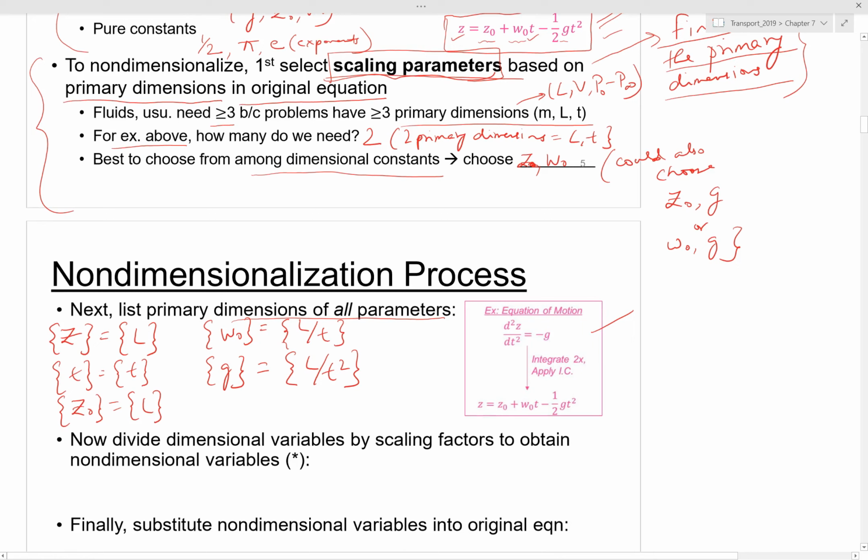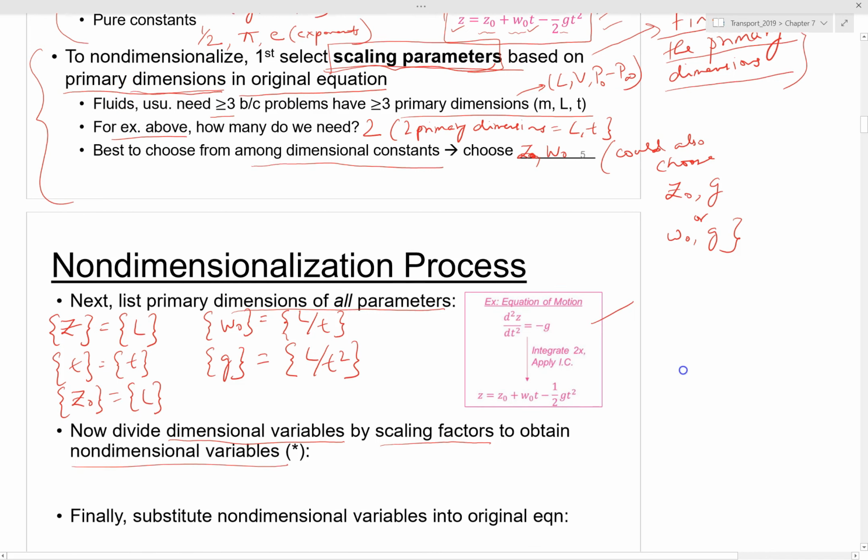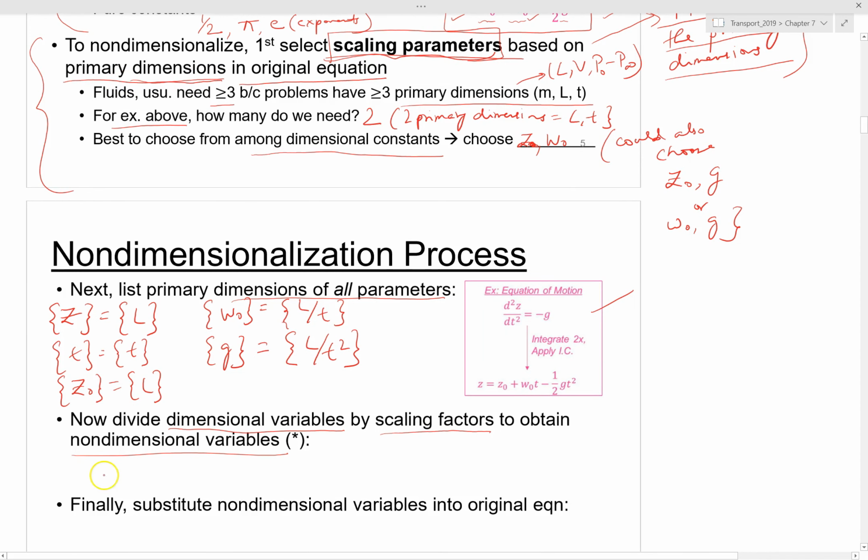Now we divide the dimensional variables by the scaling factors to obtain the non-dimensional variables. So the scaling factors, again, we base off of the primary dimensions. So primary dimensions here are Z and T. Now we non-dimensionalize them. That is why we haven't put an asterisk here, because they will not have a dimension.